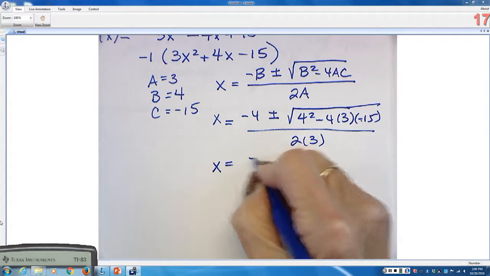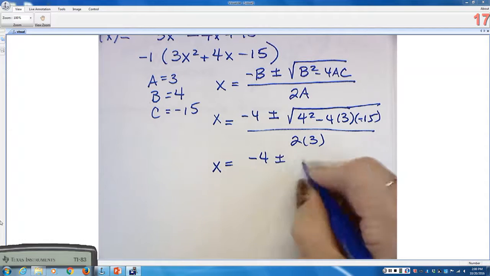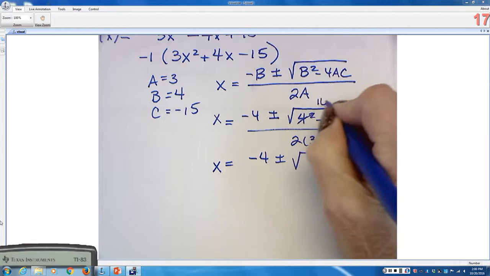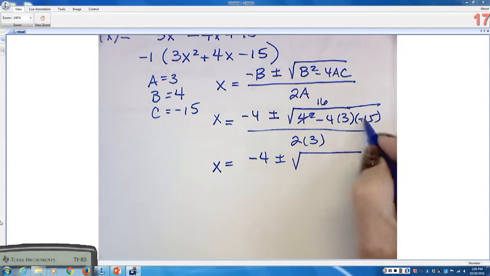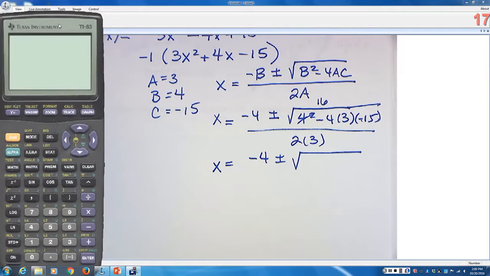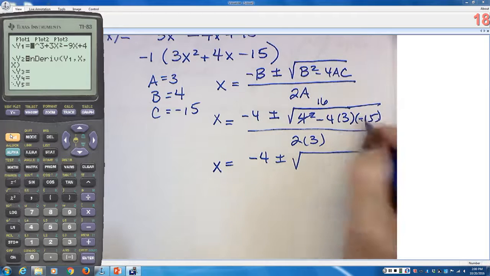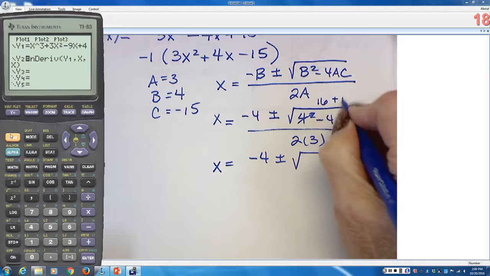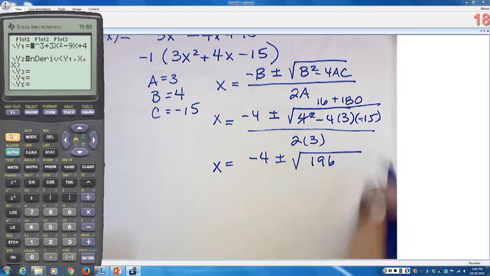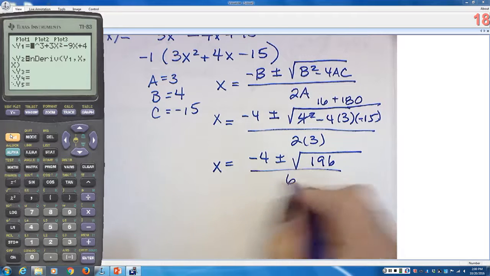X equals -4 plus or minus the square root of, let's see, that's 16. 3 times -15 is -45, and -45 times 4. I don't feel like doing arithmetic in my head. We'll do it on the calculator. -180. -180, thank you. And since it's -4, minus times minus makes that plus 180. So that's going to be the square root of 196 over 6.